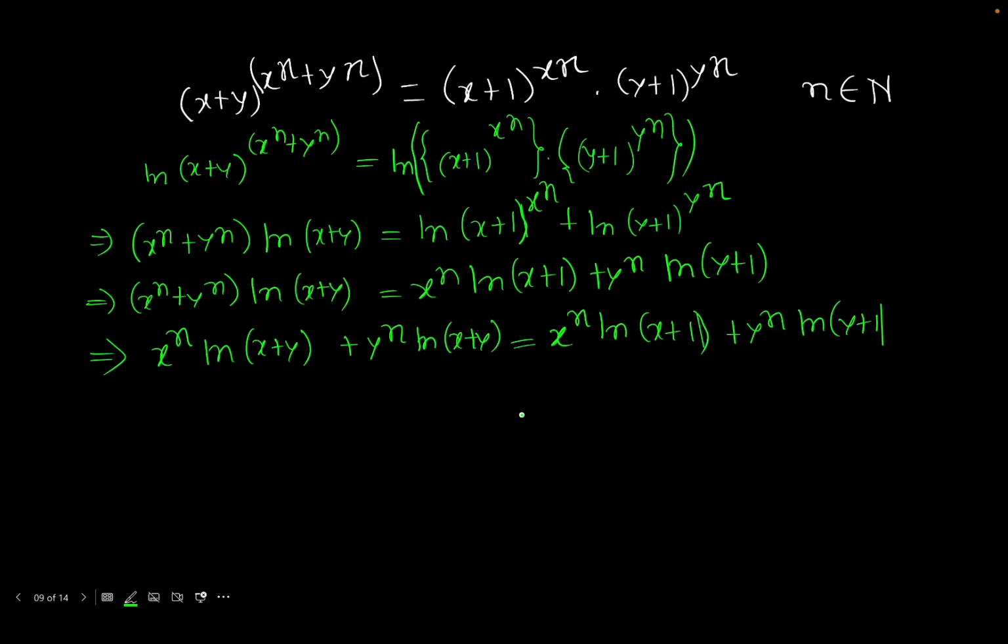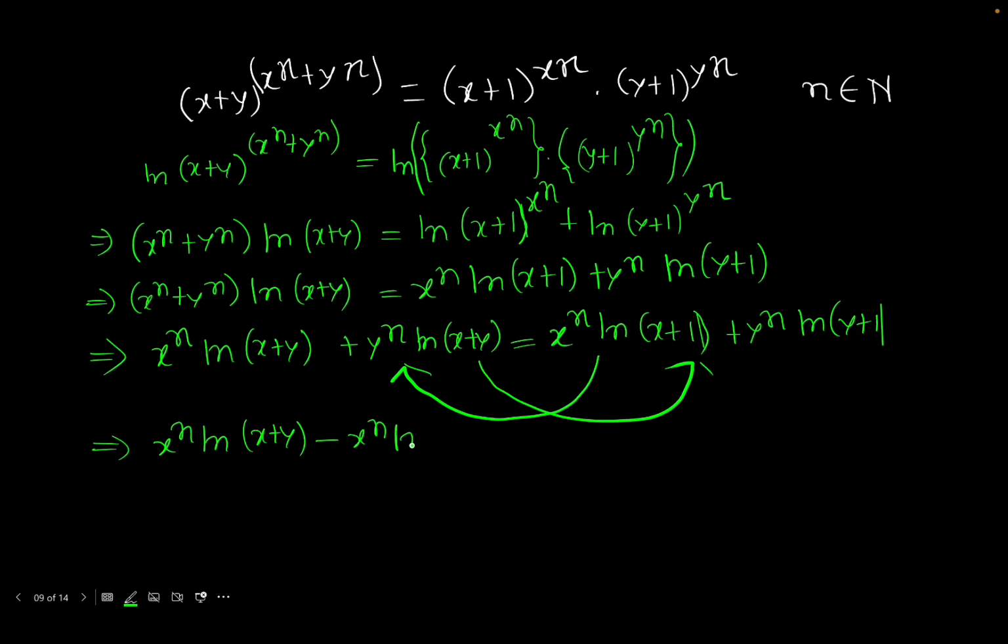So what will we do? We'll transfer this x here and transfer this y this side. So it will be x to the power n ln x plus y minus x to the power n ln x plus 1 is equal to y to the power n ln y plus 1 minus y to the power n ln x plus y.